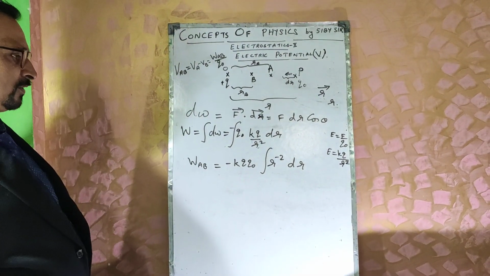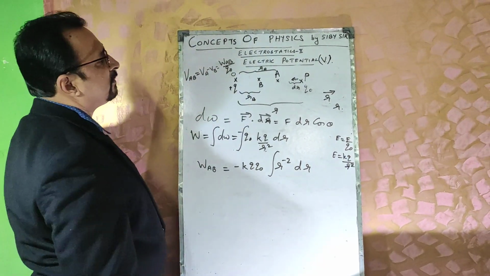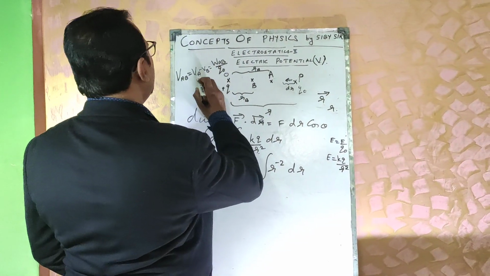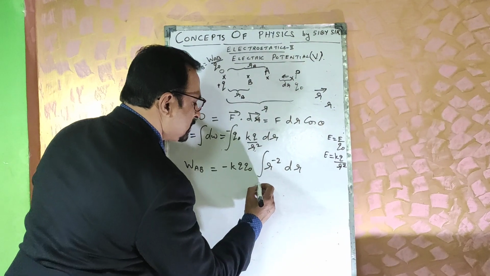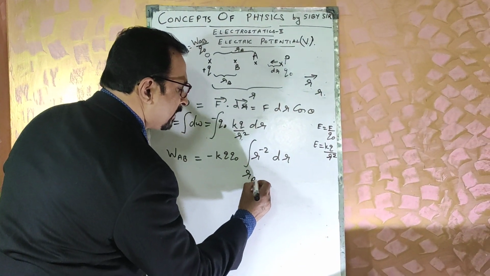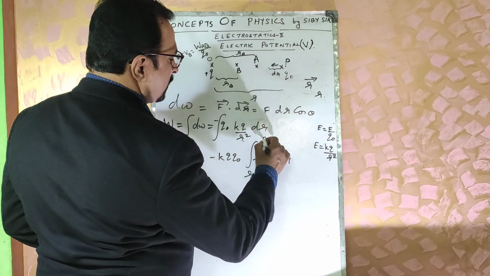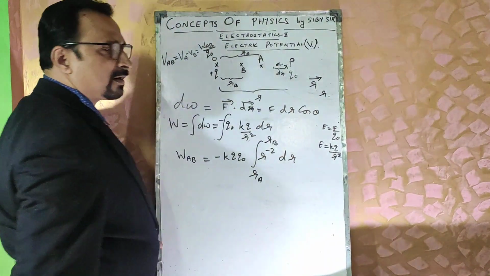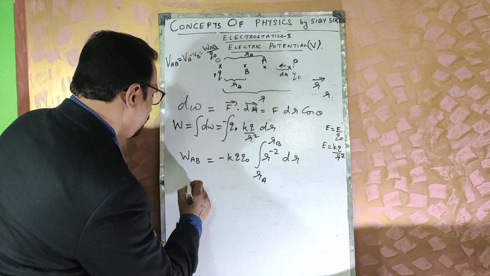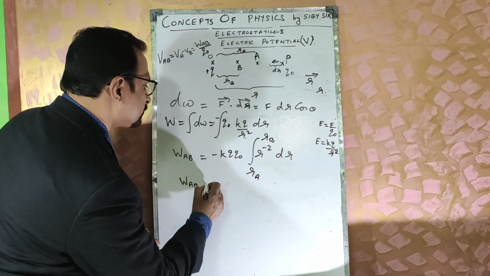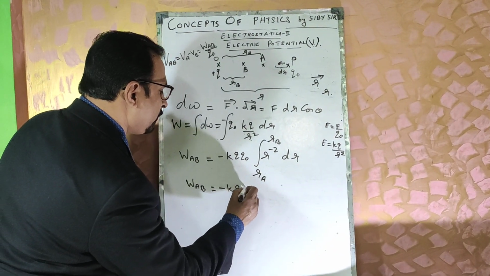But for integration, you need the limits. Initially, the charge is located at A, so the initial value of r is rA, and finally the charge is located at B, so it is rB. Now, WAB is equal to minus k q q naught.